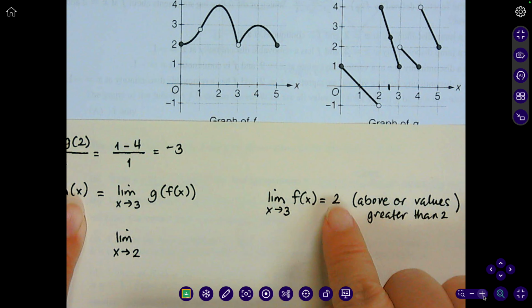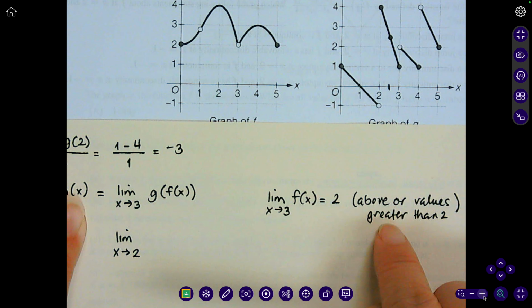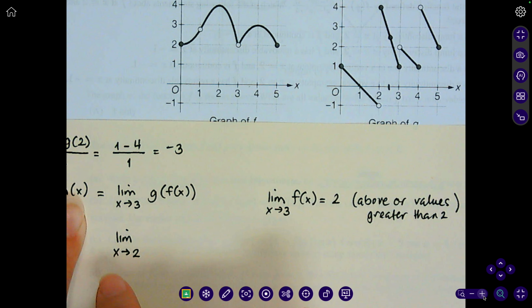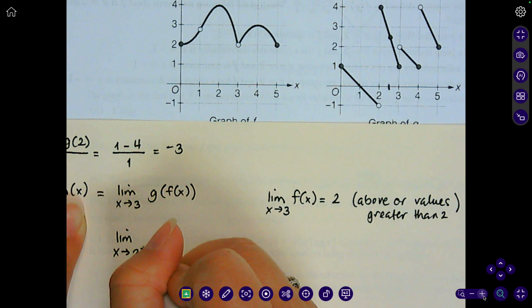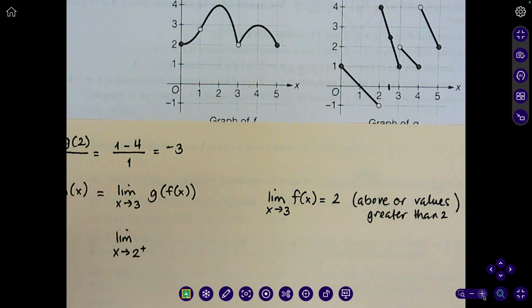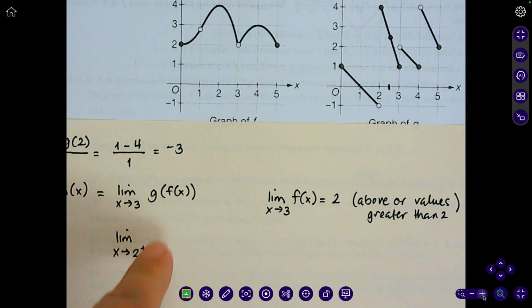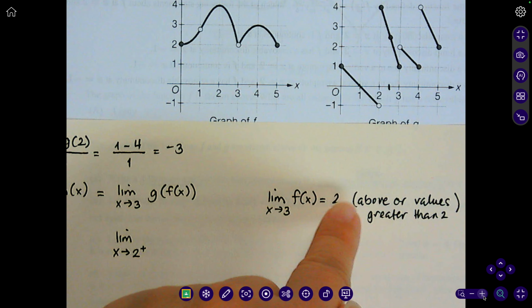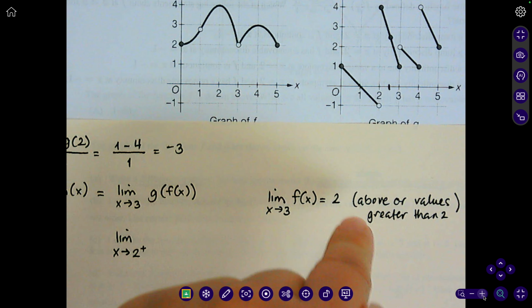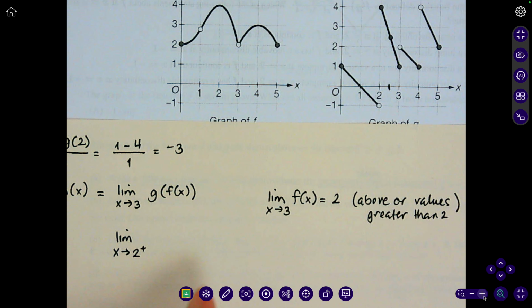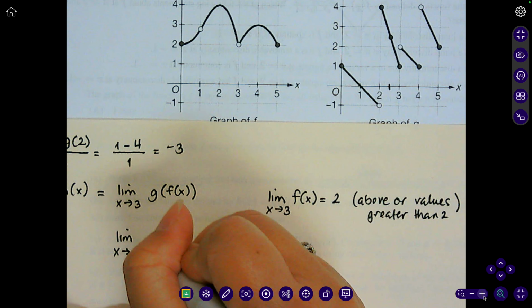But because the 2 that you have here is a value greater than 2, that means x is approaching 2 from the right, because the right are the x values that are bigger than 2. So this y value, when you put it in here for g, becomes the x value for g, from the right of 2. And this is for g of x now.